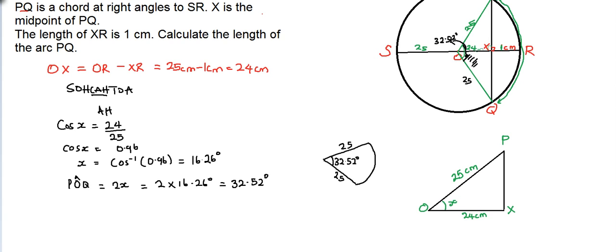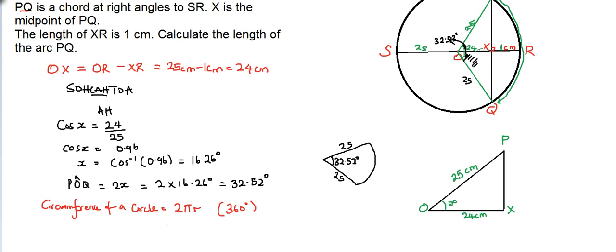We need to use the formula for the circumference of a circle. Circumference of a circle equals 2 pi r, twice pi times the radius. Well, in this case, this is for 360 degrees. That's a circle. All the angles about the circle is 360.